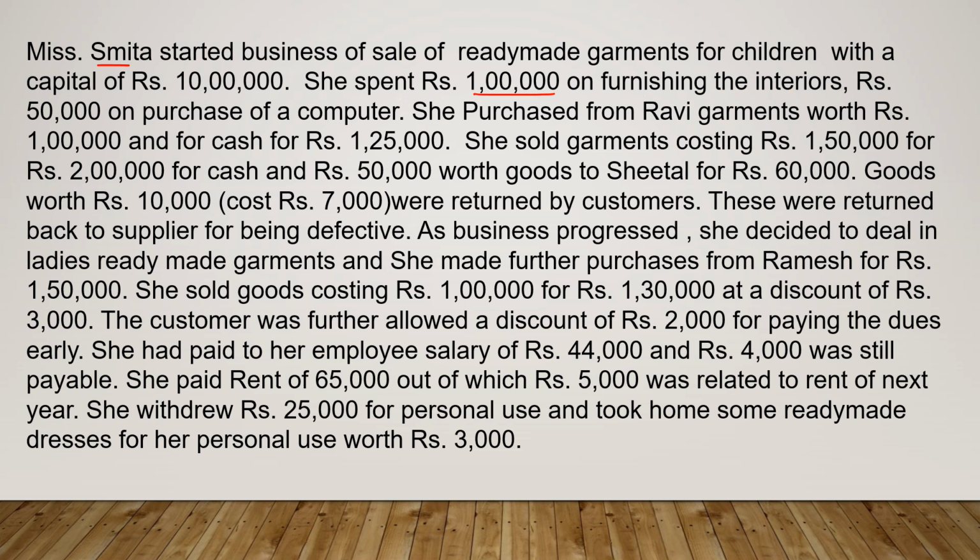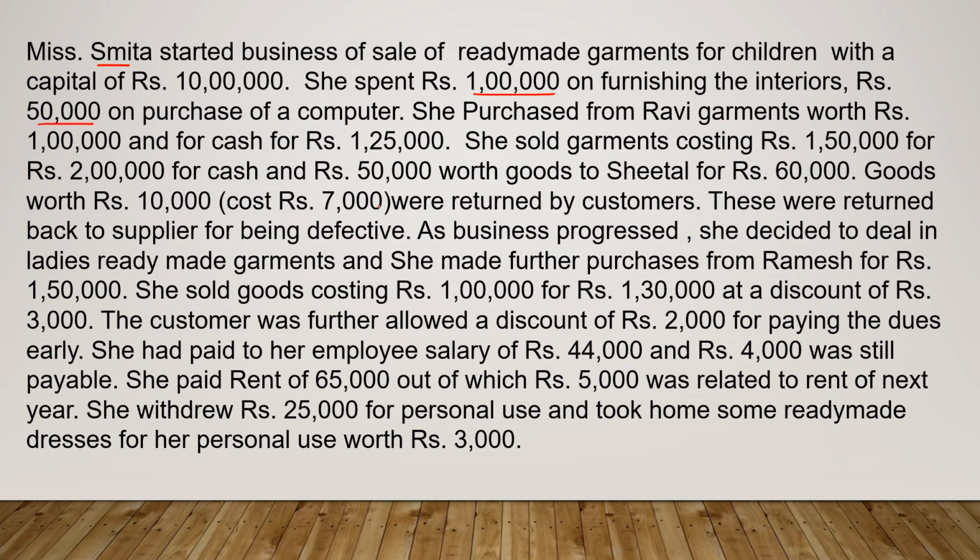So, furniture and fittings is the account where we'll be debiting this 1 lakh. It is an asset. It is not going to be used up in 1 year, but is going to be used in the business as long as she is going to carry on the business. So it is an asset. Similarly, she has also spent 50,000 on purchase of a computer.